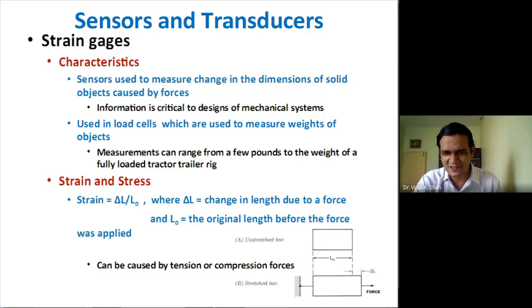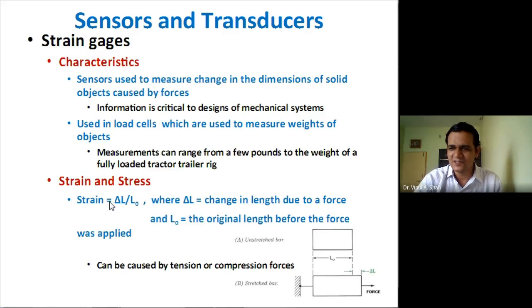So expansion or compression, in the same way you can expand this by applying more force in this direction. If you apply force in the opposite direction, what will happen? The material will contract. So both tension and compression forces you can apply here, and this material will expand or compress accordingly, and based on that the variations in the strain can be measured.